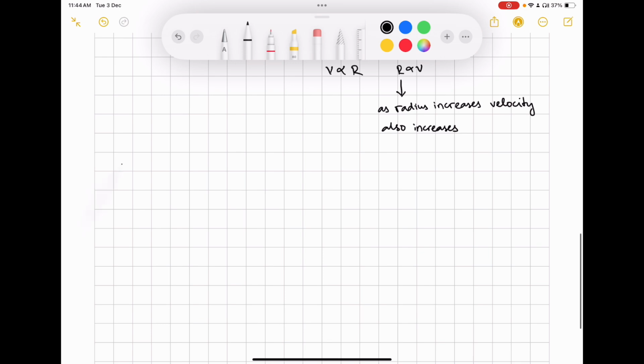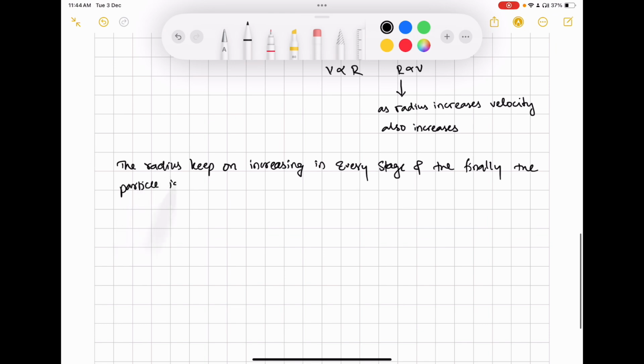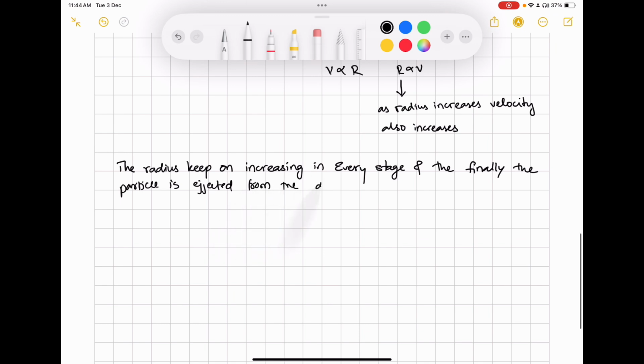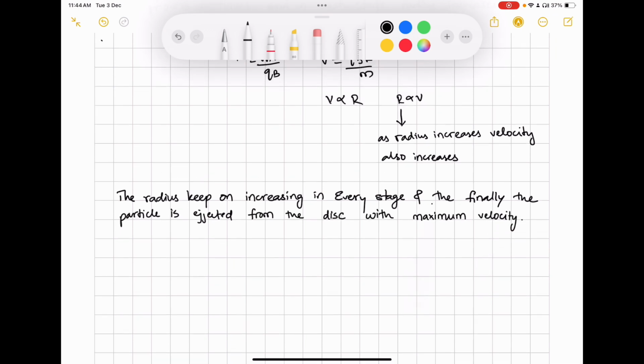The radius keeps on increasing in every stage, and finally the particle is ejected from the disk with maximum velocity or maximum speed.